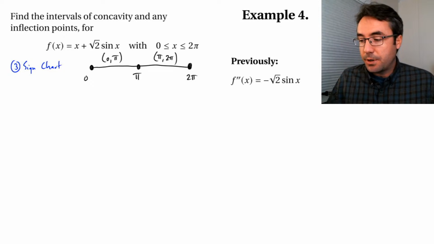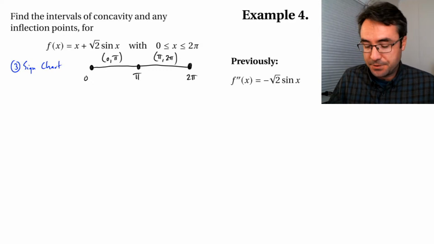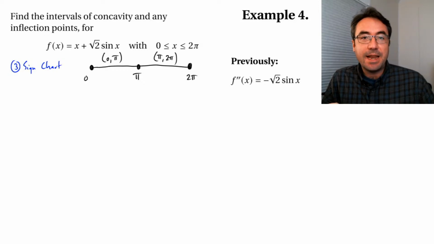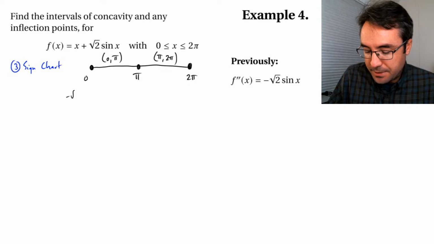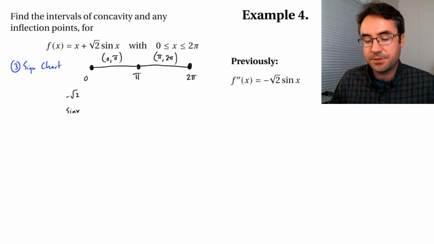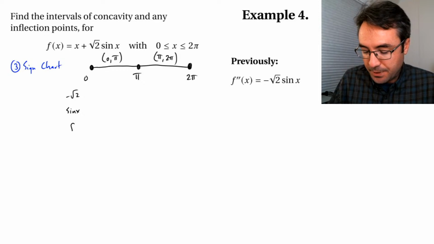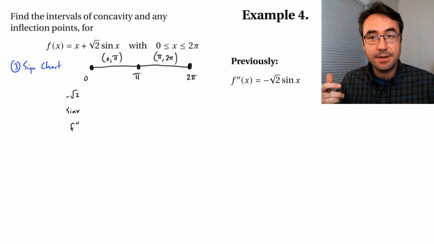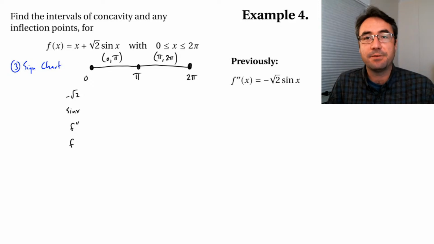We're going to look at the sign of our second derivative on those two intervals. Our second derivative was negative square root 2 times sine x, so we can write down the various factors: negative square root 2 and sine x. Then we'll see what that tells us about the sign of f double prime, and then what that tells us about the shape of our function f.